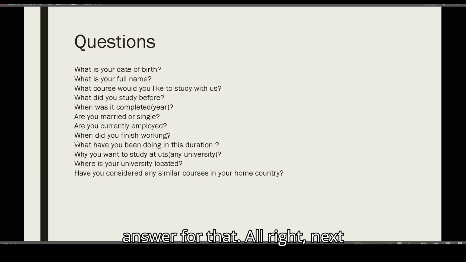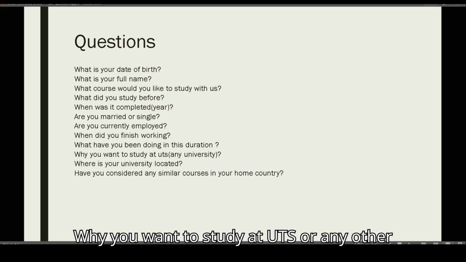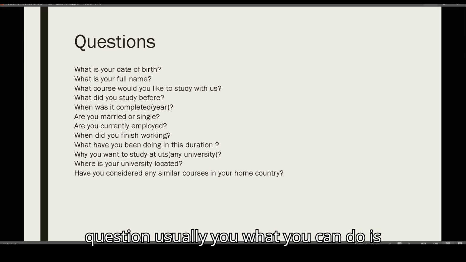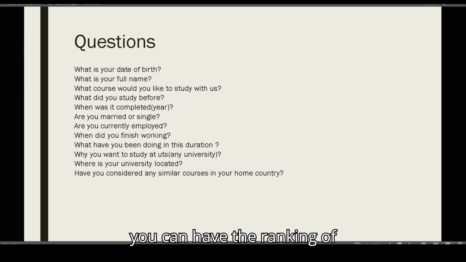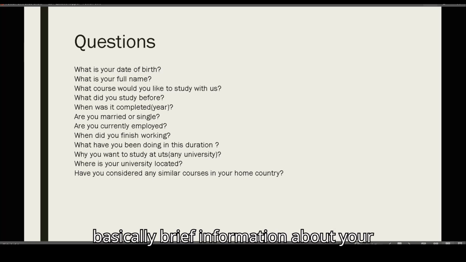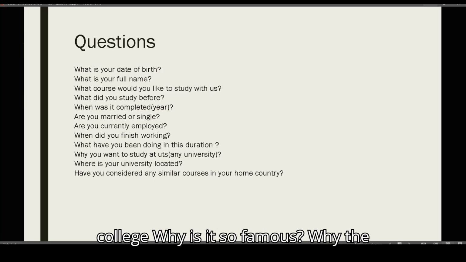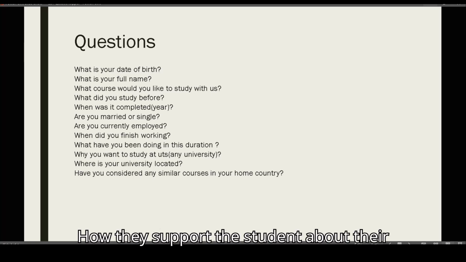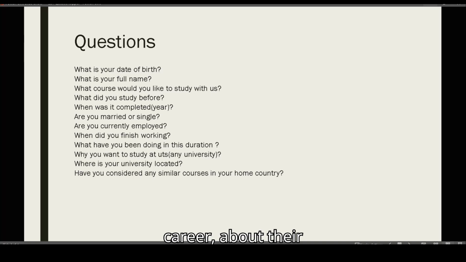All right, next question. Why do you want to study at UTS or any other university? For this question, usually you can mention the ranking of your college and brief information about it. Why is it so famous? Why is the faculty good? How do they support students, their career hub, the facilities they provide?